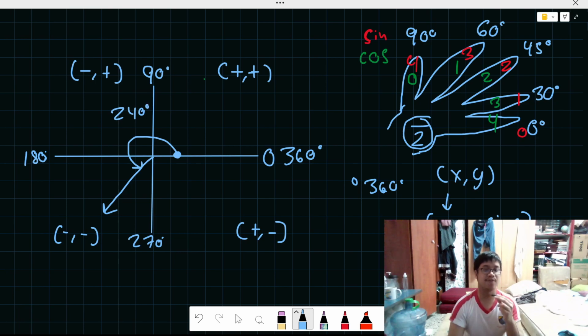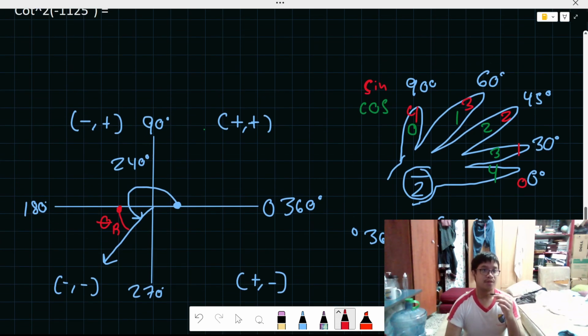Now let's get the reference angle. The reference angle is just basically an acute angle from the x-axis. So from here to here, we're going to get the reference angle. Now, how to get the reference angle if the angle is located at the third quadrant? All you need to do is simple.